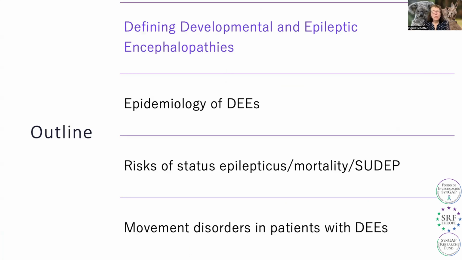I'm going to talk about a study we published this year examining the rates of convulsive and non-convulsive status epilepticus and the mortality rates and SUDEP rates in different genetic developmental and epileptic encephalopathies. And then the final section is on a talk which is just coming out now in the journal Neurology on movement disorders in patients with genetic DEEs.